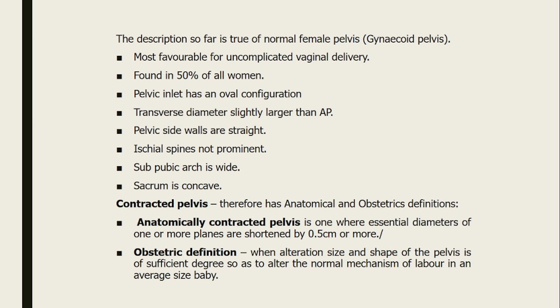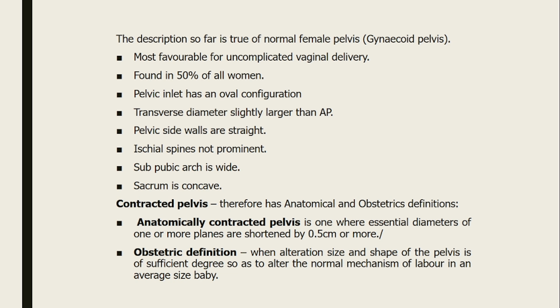And the subpubic arch, that is beneath the inferior region of the pubic symphysis, is wide. It can accommodate 2 fingers. And the sacrum is concave. So these are the characteristics of a normal gynecoid pelvis.